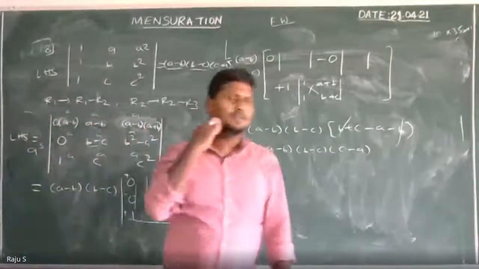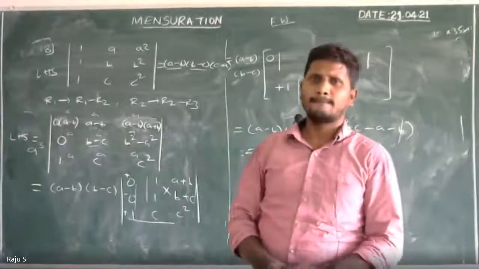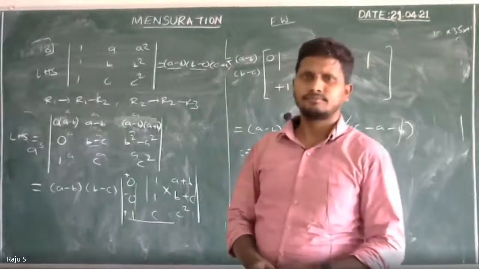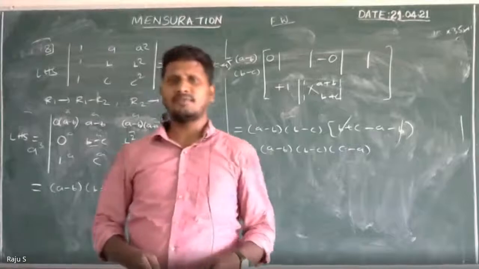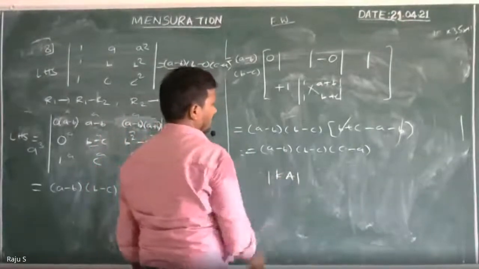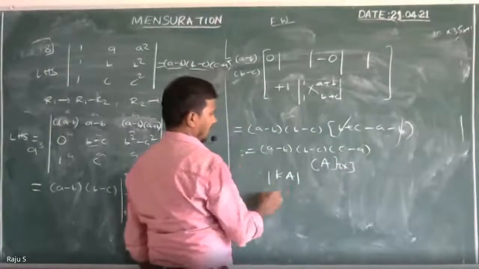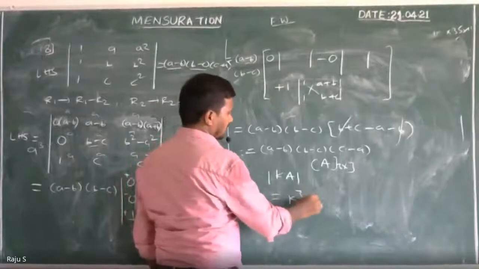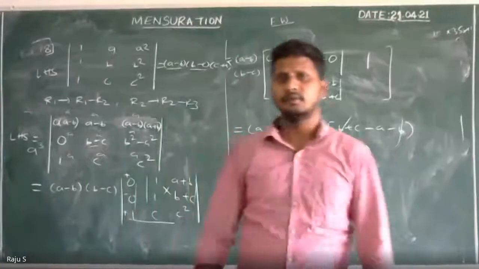Which one of the options is right for the 15th question? Question number 15, it depends on the property. A is a matrix of order 3 by 3. If we take K outside, we get K cube into det A. That is a direct property. Okay.